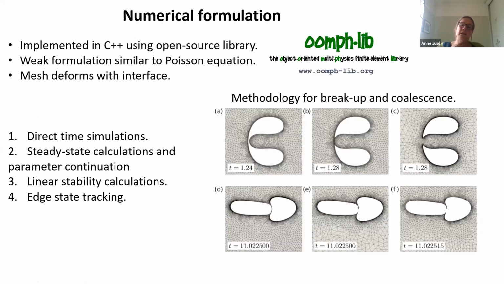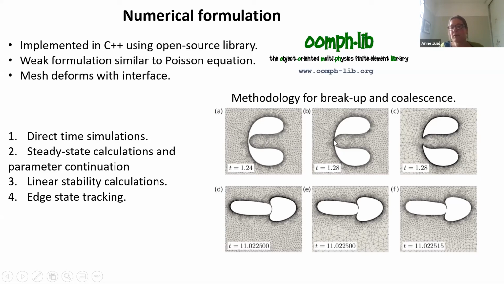Okay, and you can perform numerical simulations of this, and these have been implemented in the open source library oomph-lib. The mesh deforms with the interface, and the particular methodology that we use is for being able to incorporate breakup and coalescence. We don't incorporate any physics really of breakup and coalescence.